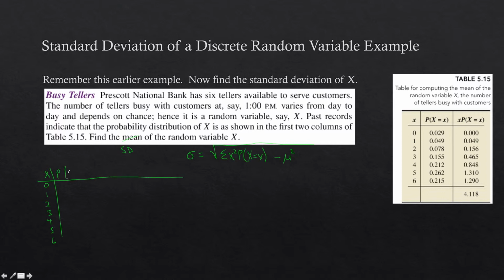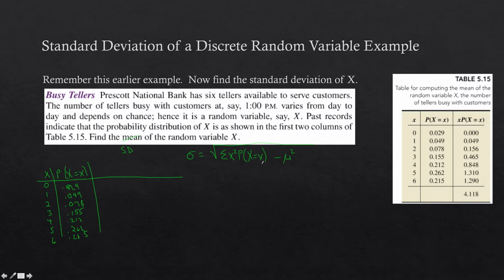We have the probability distribution of x, and that's 0.029, 0.049, 0.078, 0.155, 0.2, 0.212, 0.262, and 0.215.